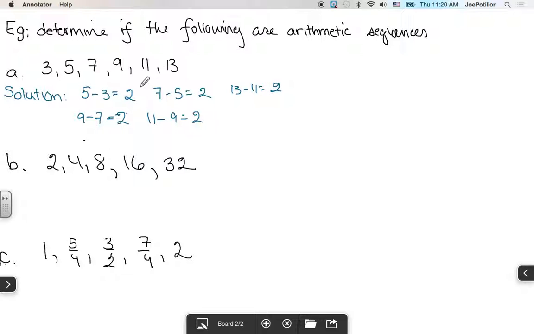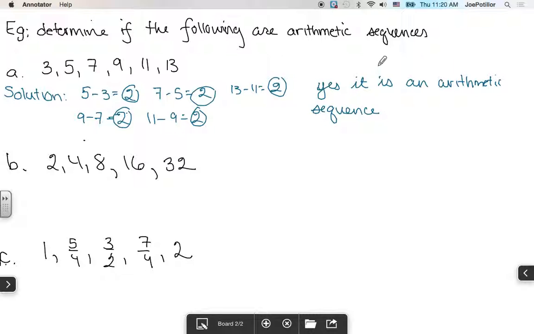And because the difference between all of the numbers are exactly the same, we can say this is an arithmetic sequence.